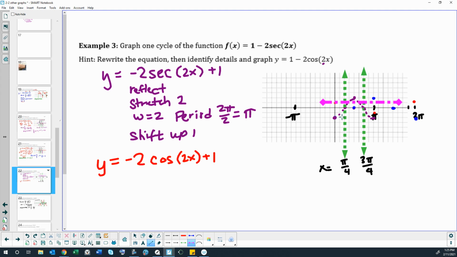So there's our midline. So where we did have cosine, it's just going to be all moved up from there. So you can sketch that in too if you'd like. I'm running out of colors. Let's just do purple, but I'm going to change the transparency. Yep, it did. So I'm just moving that entire graph that I just did up one.